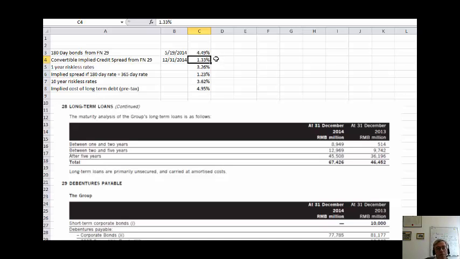That conversion option serves to lower the yield on the debenture, so one cannot look at that as the cost of debt. However, Sinopec's footnote number 29 calculates, using a model, the implied spread over the riskless rate that the convertible bond impounds, and they give it to us as 1.23%.